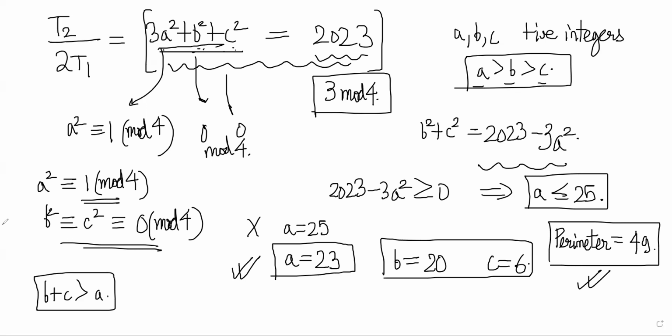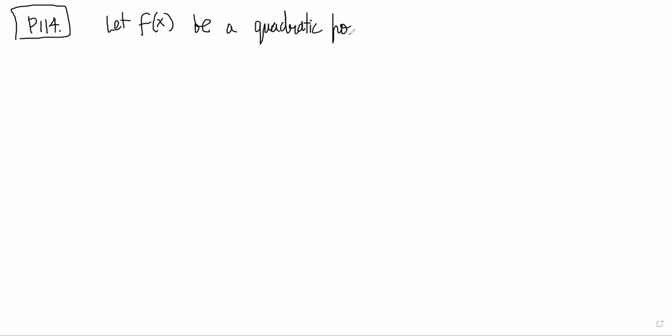Okay, let's look at the next problem. Problem 114. This is also RMO 2023. It says, let f(x) be a quadratic polynomial with real coefficients.